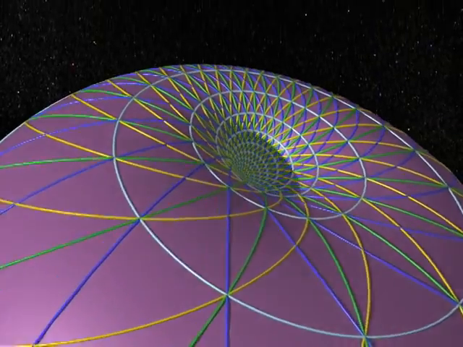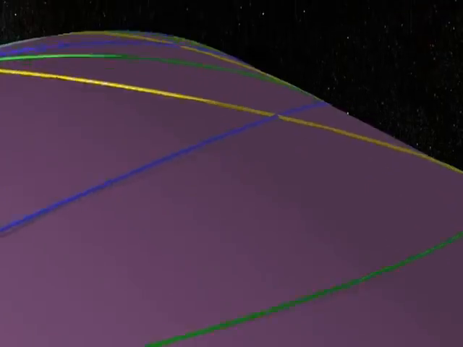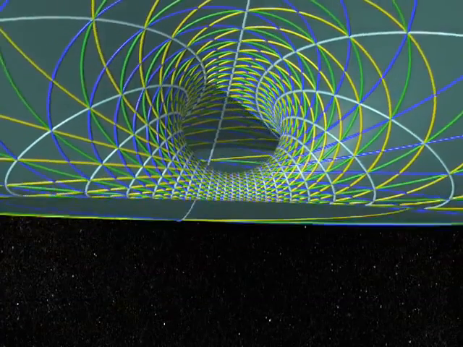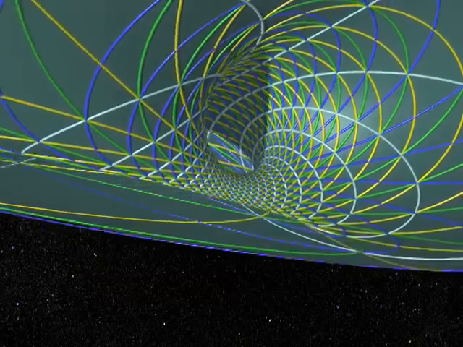A simple rotation in the fourth dimension and bingo! Green turns into pink and pink into green. Isn't that magnificent?